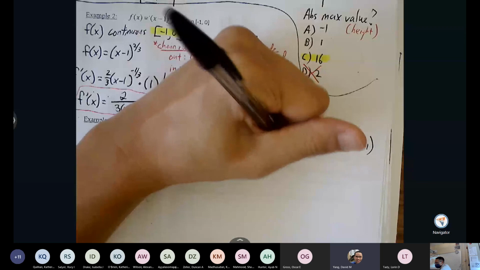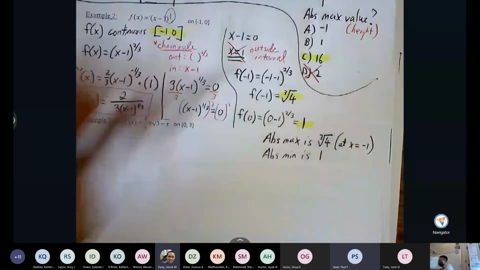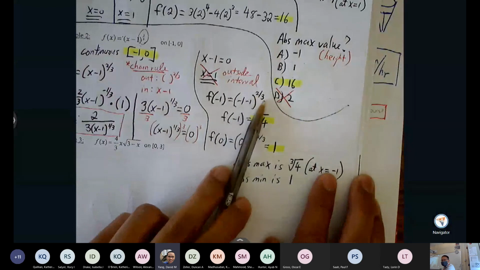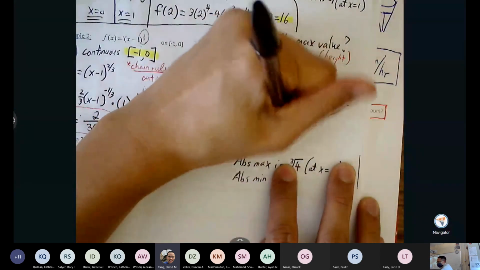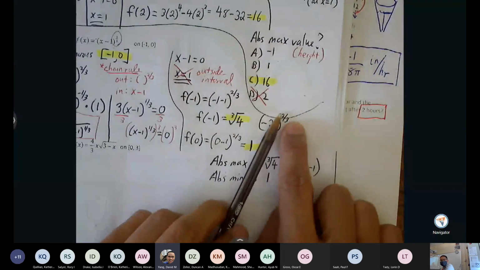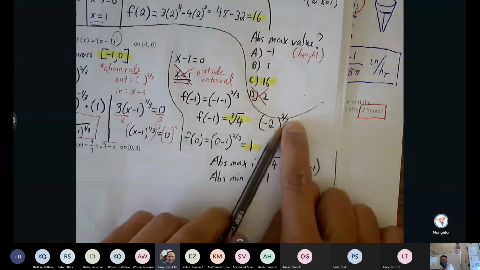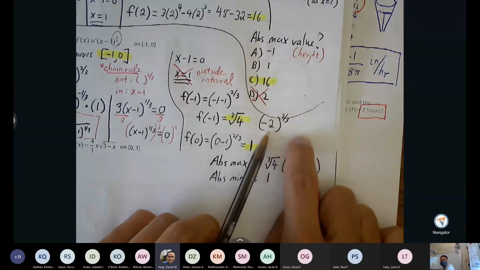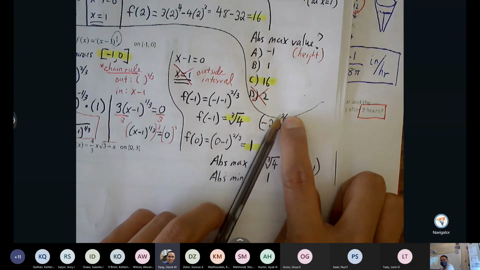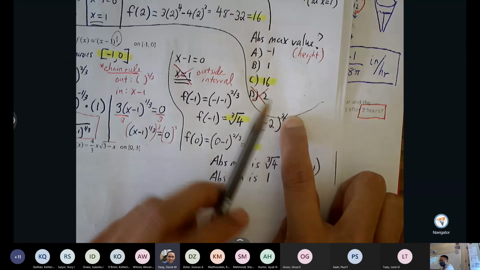Mr. Yang, how did you get cube root of 4? Right, cube root of 4. So I took -2 raised to the 2/3. Whenever I see a number raised to a rational exponent, I can always do these separately. So I think it's easier if I just took care of the numerator first. So -2 squared is just going to be 4.